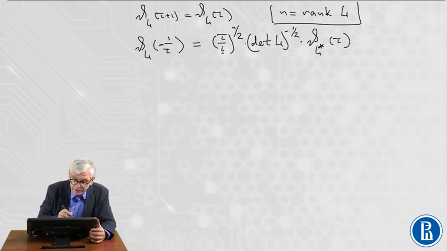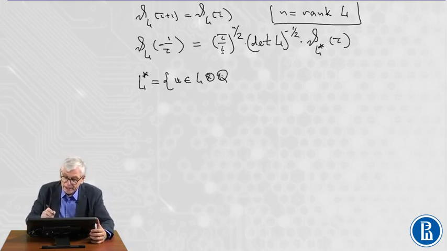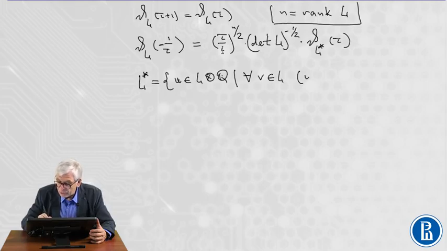The dual lattice, what is it? L star, L dual, is by definition the lattice of all elements u in the rational quadratic space generated by the lattice L, such that for any v in L, the scalar product of u and v is integral.